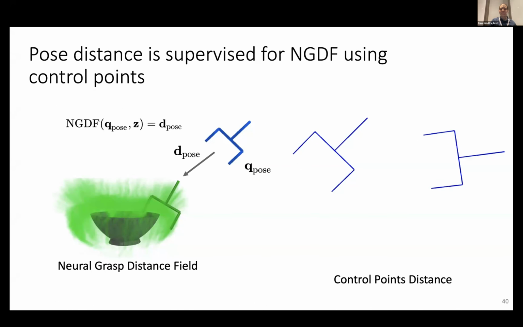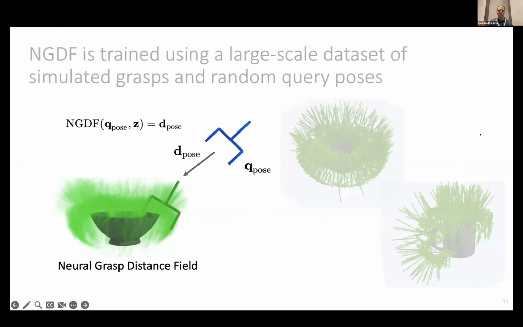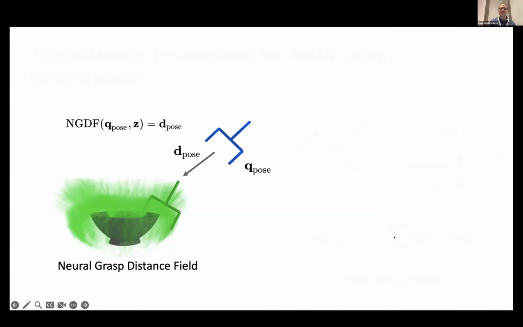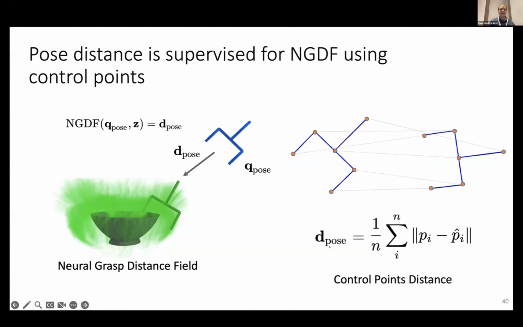To simplify that problem, we imagine a set of 6 control points on the gripper, and you have the same 6 control points on the gripper in the good grasp pose. Now we look at the distance between each of the corresponding control points, and just average those distances together. That gives you a final distance between the current grasp pose and the target good grasp pose.